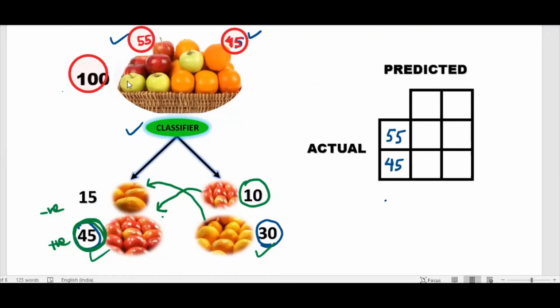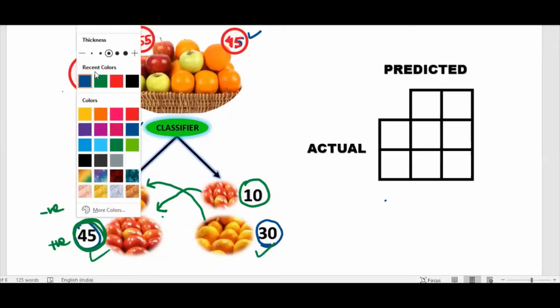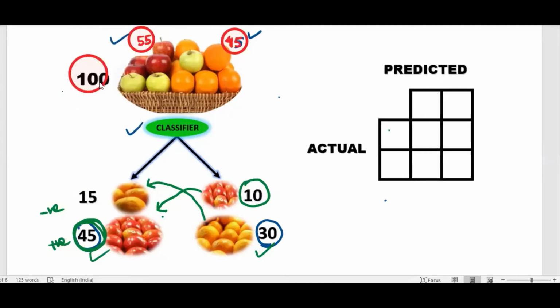So let me write positive negative here instead. You can write positive or directly you can write apple. Actual I've written already. Then orange. Here you write apple, orange.